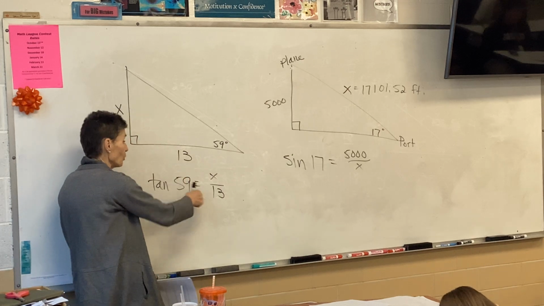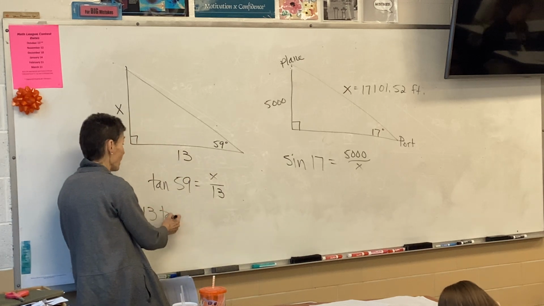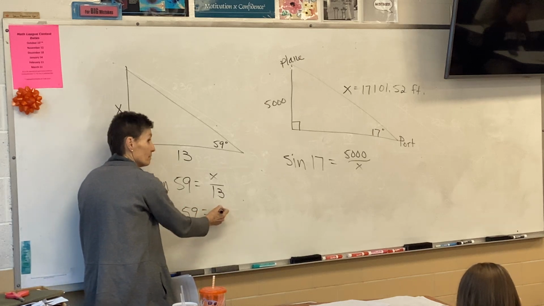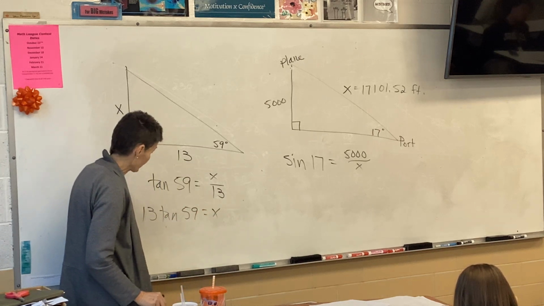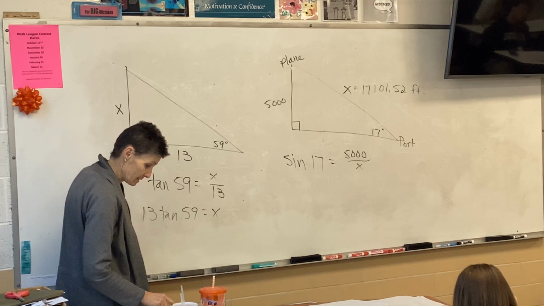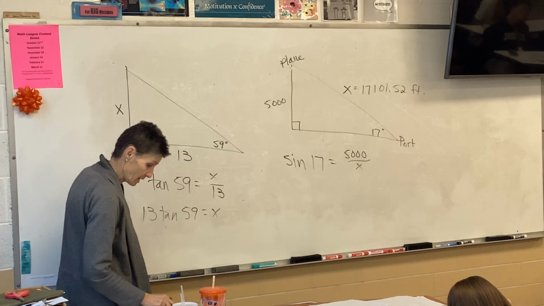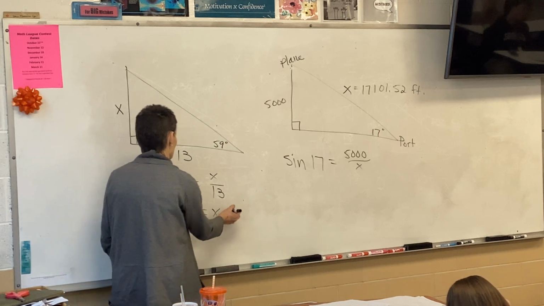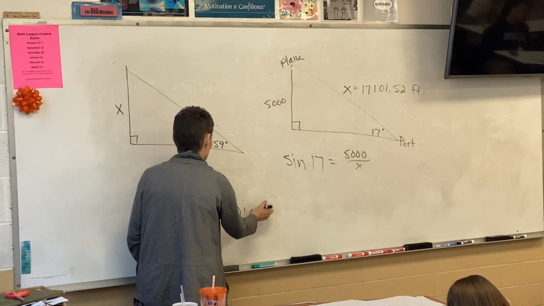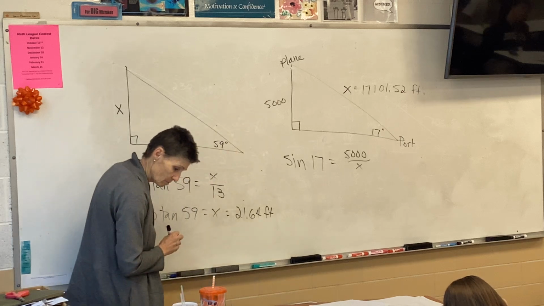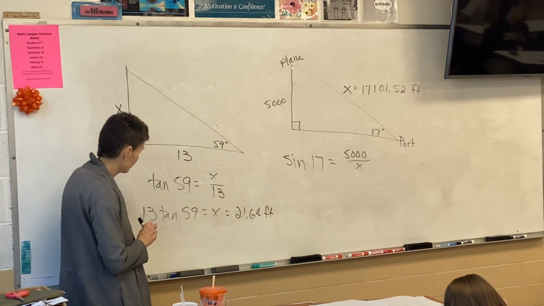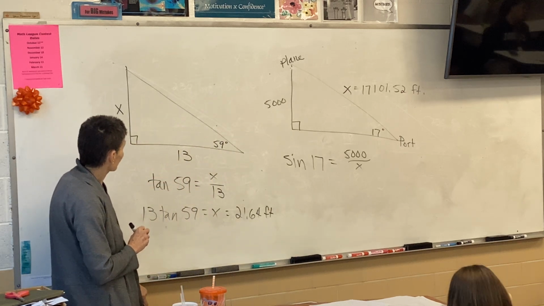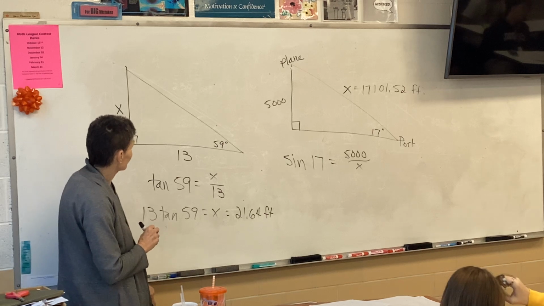This time, all you gotta do is times by 13. So 13 tan 59, 21.64. Is that not right? Why'd you have to divide?